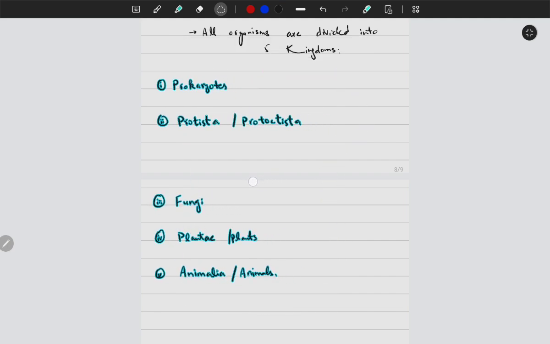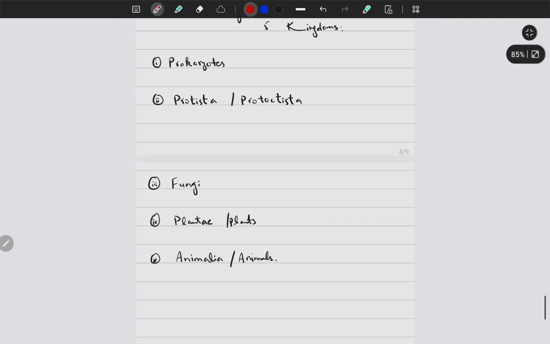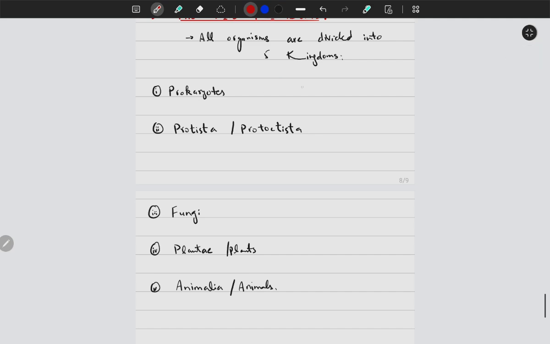So let's talk about them a little bit. I'm just going to give you a basic idea. Out of these 5 kingdoms, only the first one has prokaryotic cells. That's it. The rest of the 4 kingdoms, they all have eukaryotic cells.